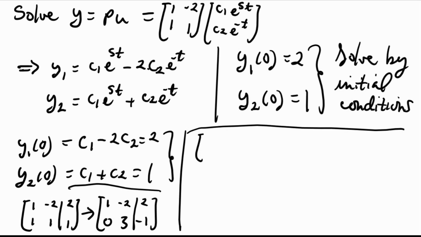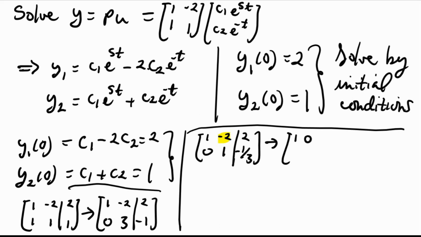I didn't see that before. Add row 2 to row 1. That gives us 1. Well, I need that to cancel out. Let's do this. Divide row 2 by a 3. And then get rid of this 2 by saying 2 times row 2 plus row 1.